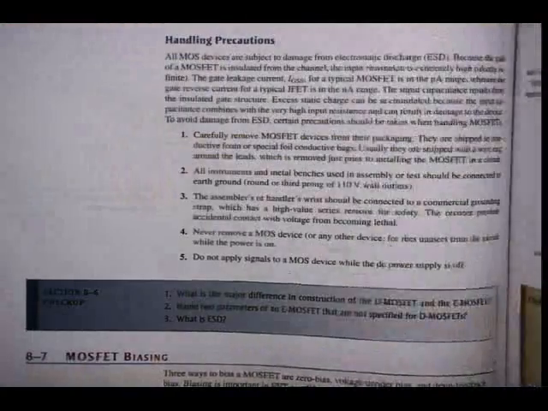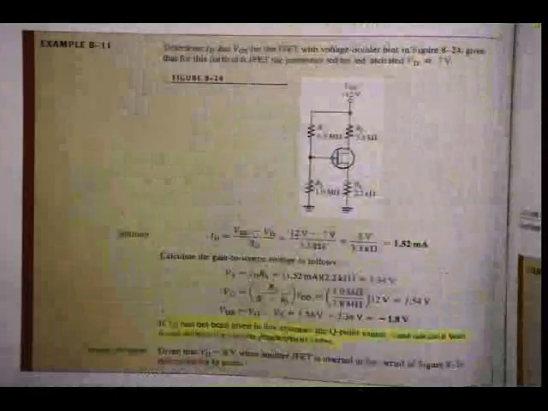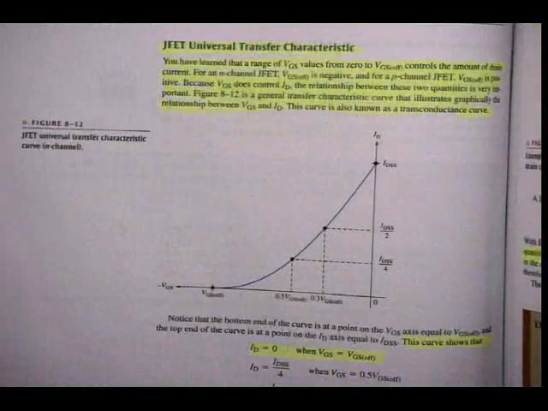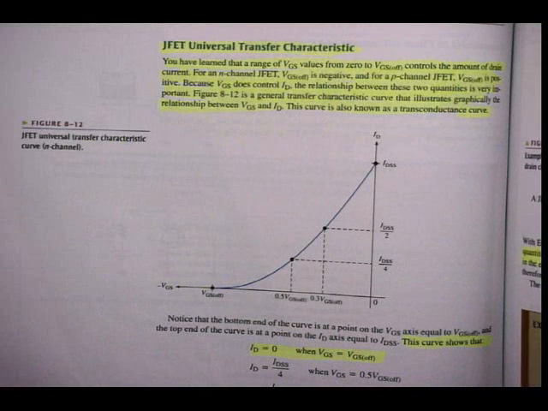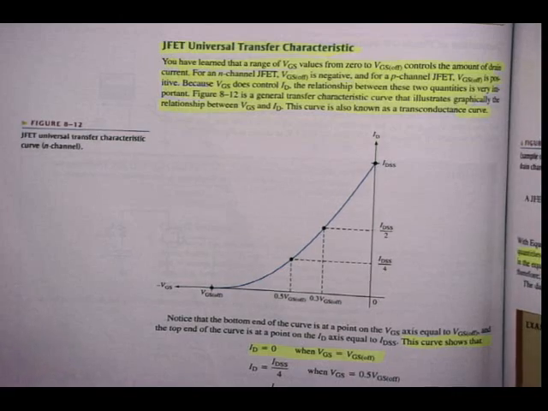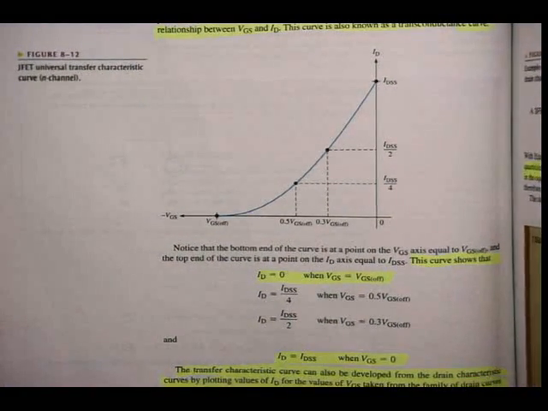If you go back to the previous chapter where we discussed the transfer characteristic curve, it was mentioned there on page 376. Remember where we discussed the JFET universal transfer characteristic curve? There it was mentioned.